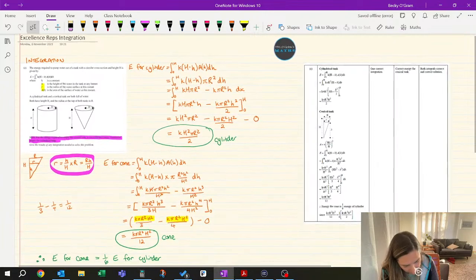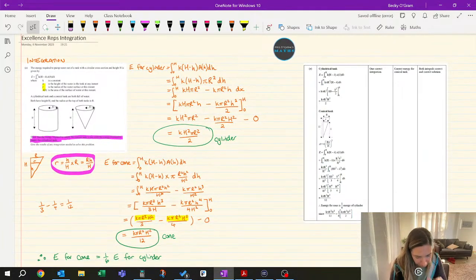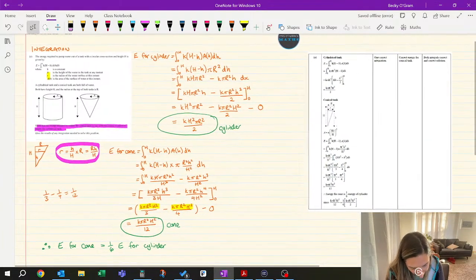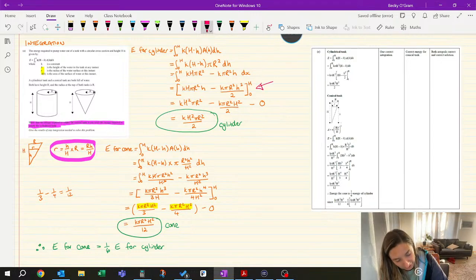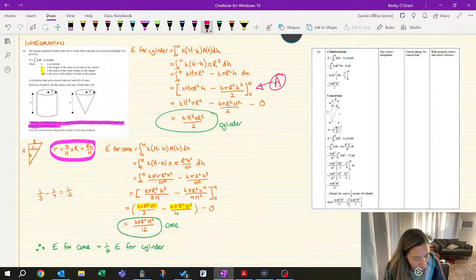Now let's take a look at the marking schedule, and I'll show you where each of the points came in for achieved and merit. Okay, so one of those correct integrations done. So that's this point here. There was an achieved just there. The correct energy calculation for the cone here is a merit.